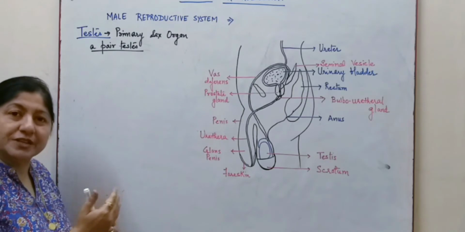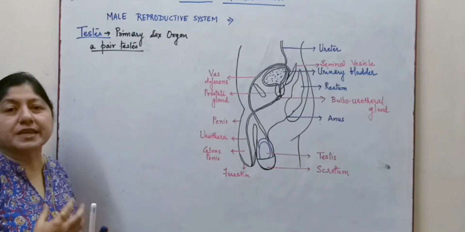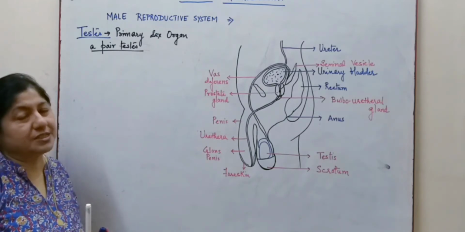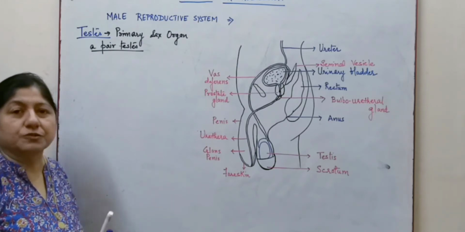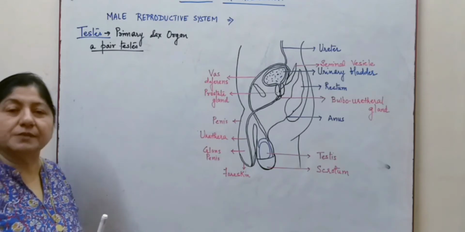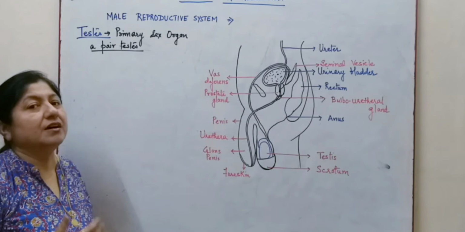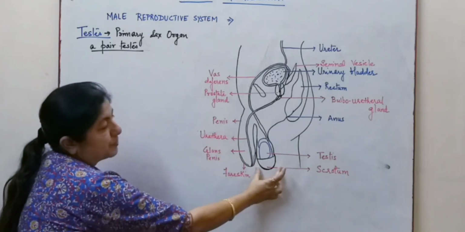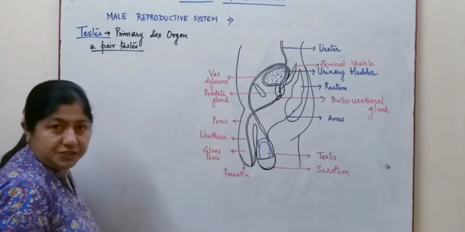The reason for this is that it helps in the formation of sperms, that is spermiogenesis, and it also maintains the viability of the sperms. So the lower temperature has two major functions: it helps in the formation of the sperms, and it also maintains their viability. So the scrotal sac is present outside the abdominal cavity, carrying the testis.